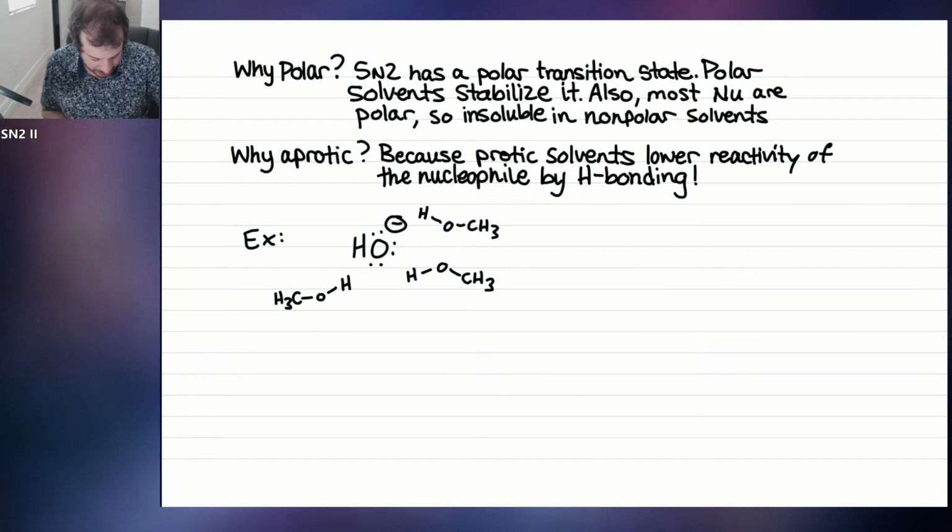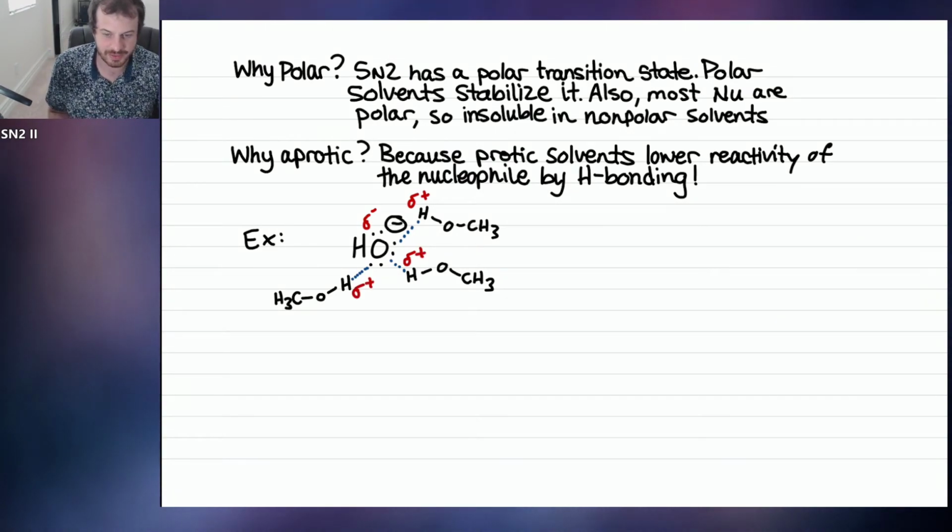And so the protic hydrogens on the solvent are going to hydrogen bond to the delta negative oxygen of the nucleophile. Remember, the oxygen is delta negative and the hydrogens are delta plus. So there's a hydrogen bonding interaction between the nucleophile and the solvent. And that's bad. Now the nucleophile is being webbed down by all these solvent molecules and it can't really move.